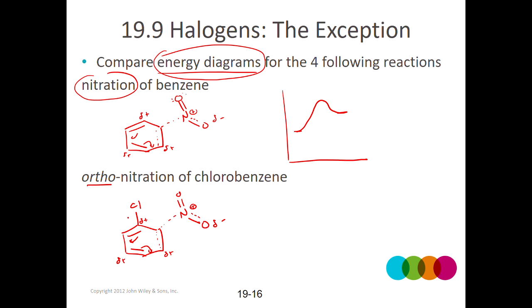So if we were looking at the stability of this occurring, we have to keep in mind that the chlorine is an electron withdrawing group. Its electronegativity attracts electrons away from the ring, creating extra partial positive there. So that's only going to make it less stable. If we put more of the same charge on the ring, it's going to become less stable.